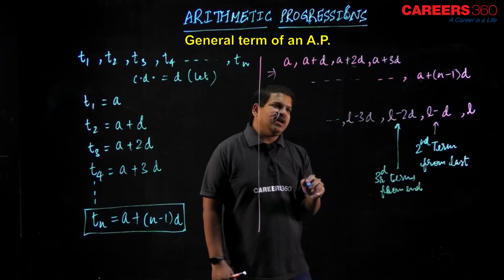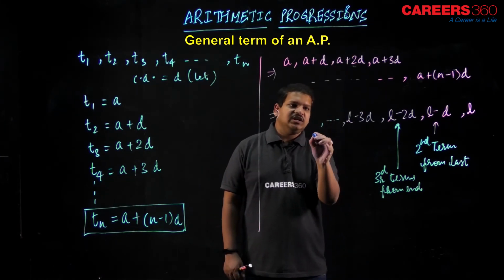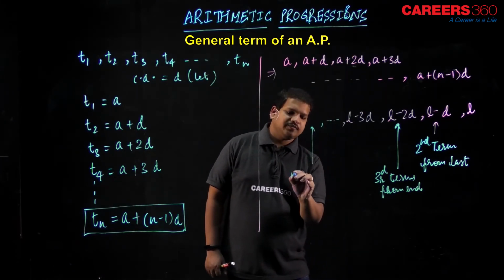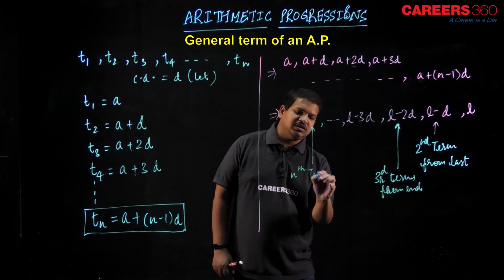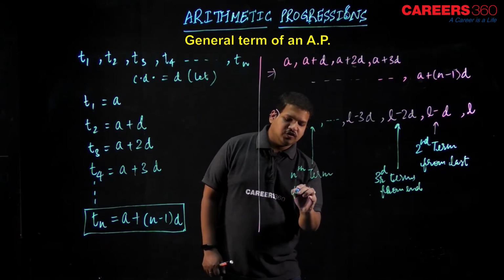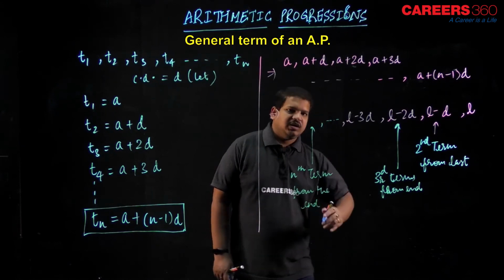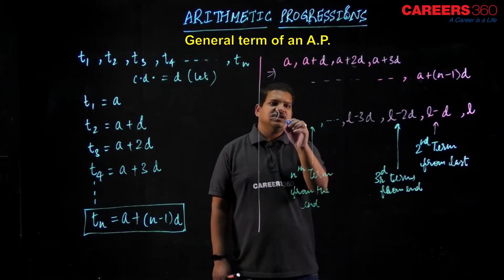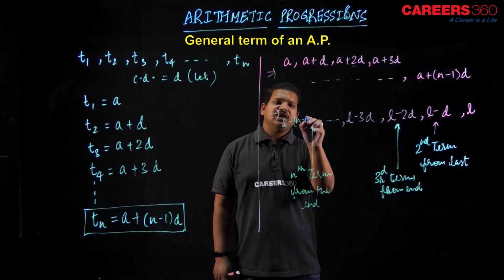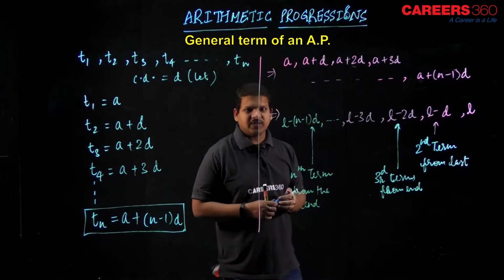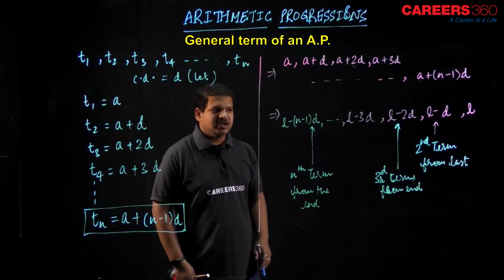If I want to get the nth term, let's say this is the nth term from the end, then what I have to do is just L minus n minus 1 into D. I hope it is pretty much clear to you.